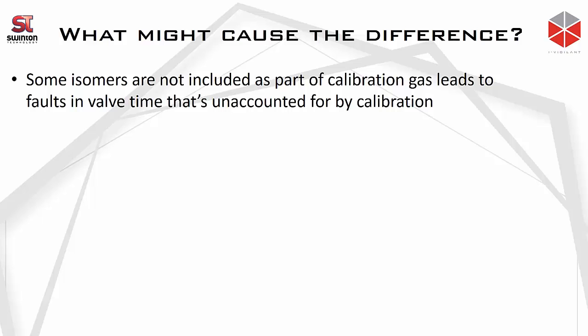The issue that we had here is that the cal gas has cyclohexane in it. It also has 2,2-dimethylbutane in the calibration gas. However, the flow computer doesn't account for these two particular isomers, and therefore it creates an error in the system.